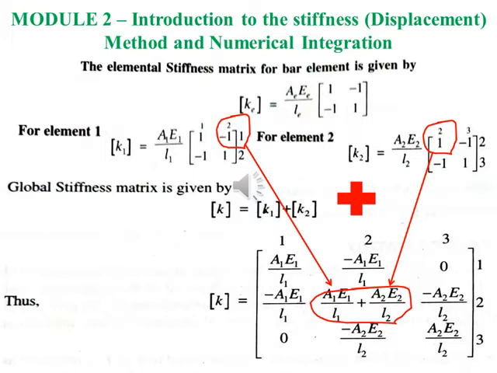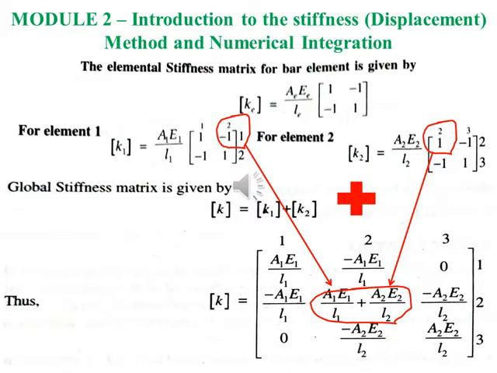Now when I am adding the two elemental stiffness matrices, I will have to add K1 and K2. So here A E divided by L for element 1 will go inside. For the first row, everything is similar to the variables in element 1, whereas when it comes to node 2 and 2, the effect of node 2 on 2, it is there in both the matrices.